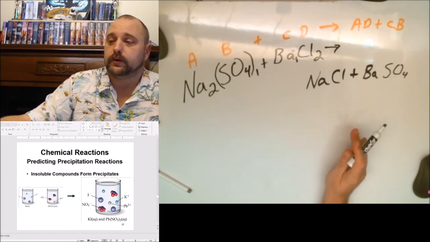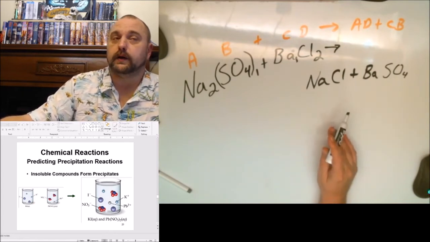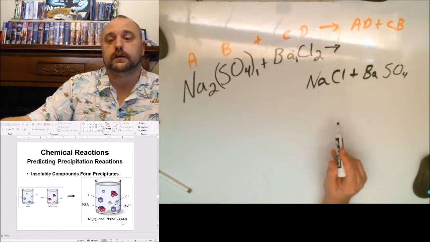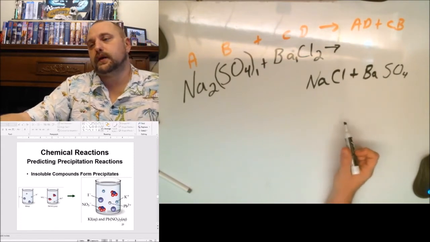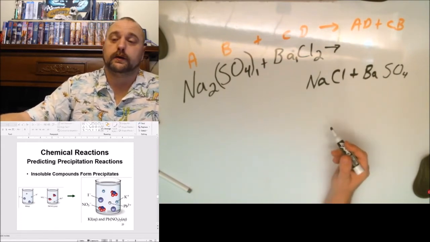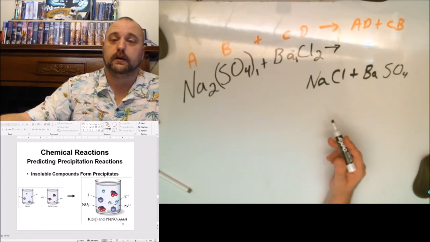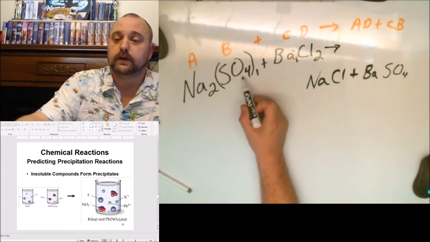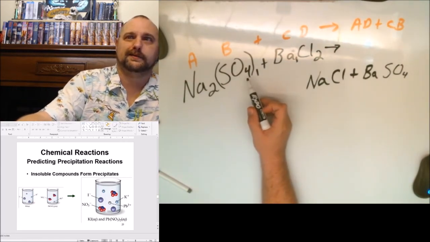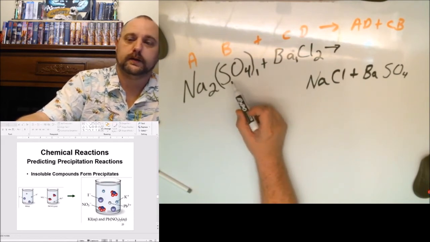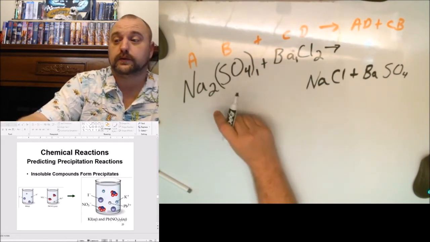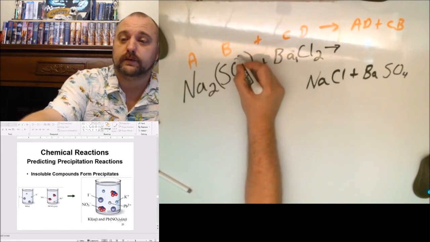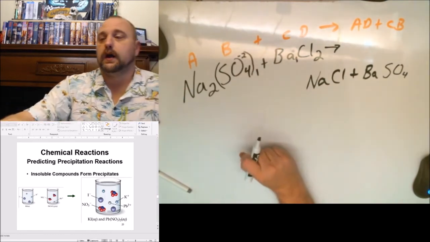Now I can go to my periodic table and figure out a lot of these charges using the octet rule. I can also look up my charges on my polyatomic ions. Here's a hint. The solubility table has a lot of those charges listed. For instance, SO4 is a -2.